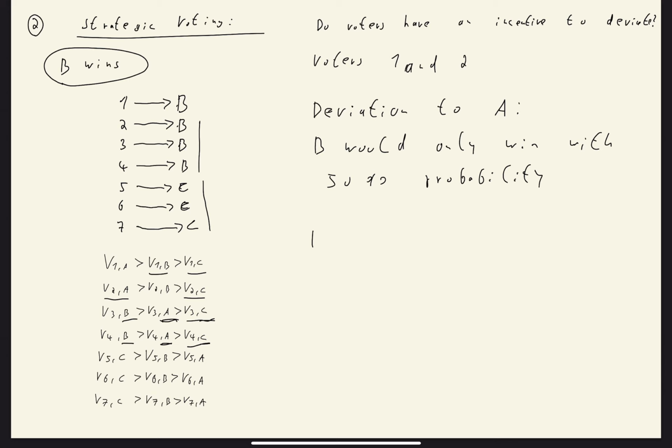Now, deviation to C. Well, if either voter 1 or 2 is deviating to C, then C would win with certainty.